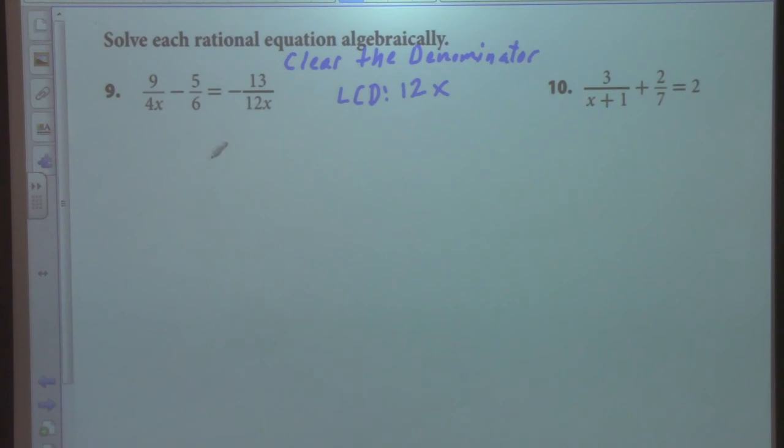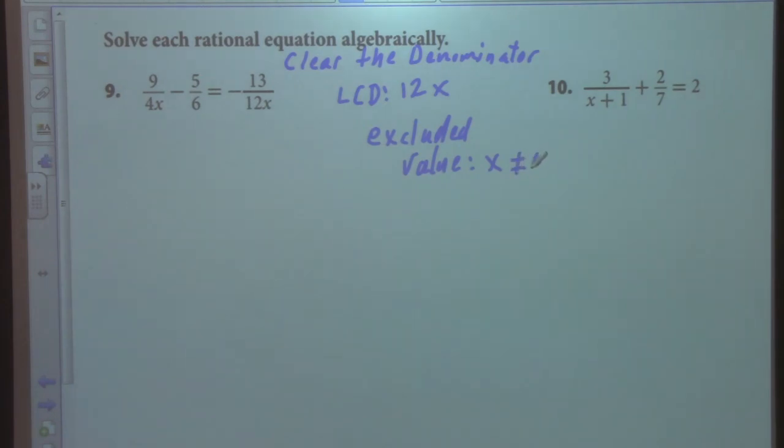Next we're going to list our excluded values. Actually there's just one excluded value. What is that going to be? X cannot equal 0. Thank you, Abigail.